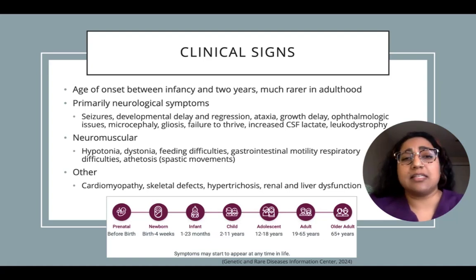Symptoms of LS include a broad range of neurological issues, including seizures, developmental delay and regression, and resulting hypotonia, ataxia, dystonia, respiratory distress, feeding difficulties, and ophthalmologic abnormalities as well. The diseases in the same class as LS, the mitochondrial disorders, disrupt cell metabolism and energy production.